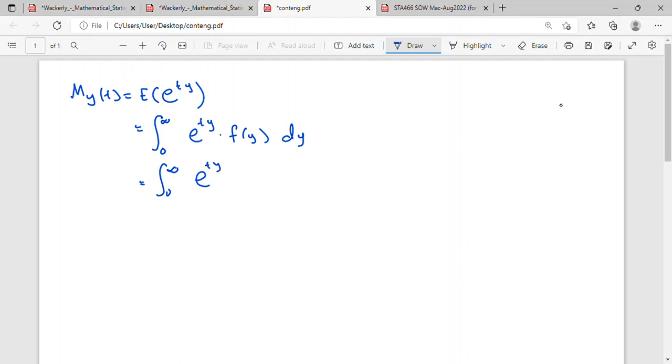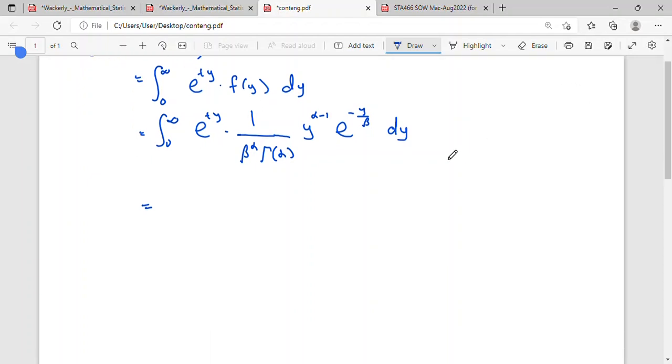So write down the PDF untuk gamma, which is 1 over beta power alpha gamma alpha y power of alpha minus 1 multiply dengan e power of negative y over beta dy. Okay, so next kat sini, alright, kena multiply function exponent dengan exponent here.